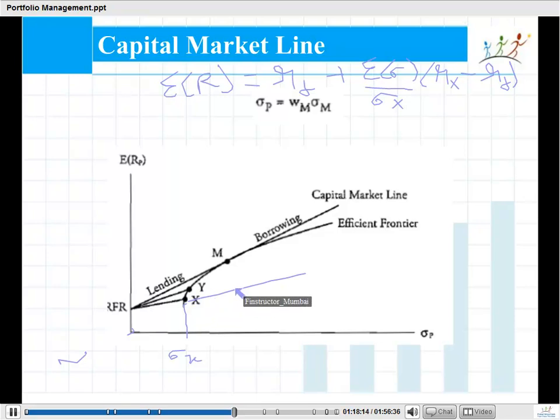How will I reach beyond X, or when will the expected return be greater than the return on X? That will happen when I lever. That is, I borrow at the risk-free rate and I invest the money in the risky portfolio. So I put a weight of 2 times on the risky asset and a weight of -1 in the risk-free asset. So I will reach some point here.